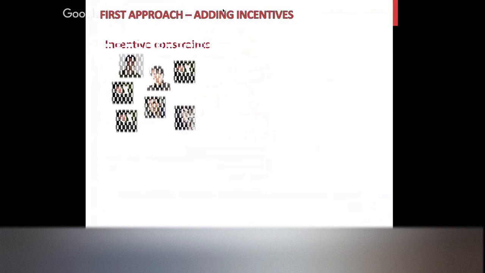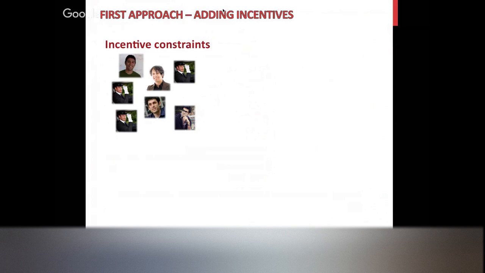So the first approach is looking at this problem with the incentive constraints as an optimization problem. A new optimization problem that now has incentive constraints as a condition, as constraints. Basically, you have one constraint for each buyer that says this player isn't better off by misreporting.